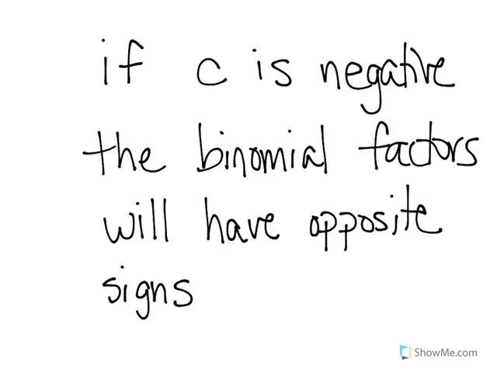If c is negative, the binomial factors will have opposite signs, because a negative is created when we have a product of a negative times a positive. And so these binomial factors would look like this, and depending on what c is and what our middle term is, that will determine our second term of each factor.